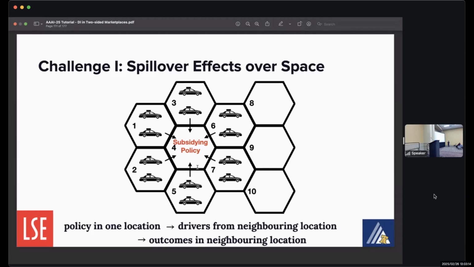Applying a subsidizing policy in one location will increase the orders in this location. Because of that, it might attract drivers from neighboring locations to this location. So the subsidizing policy in one location not only affects its own outcome, but the outcomes of the neighboring locations as well, leading to these spillover effects. So that's the first challenge, which corresponds to these interference effects.